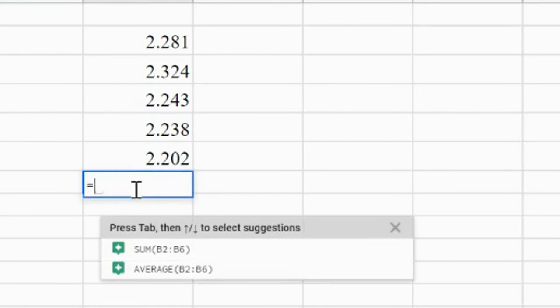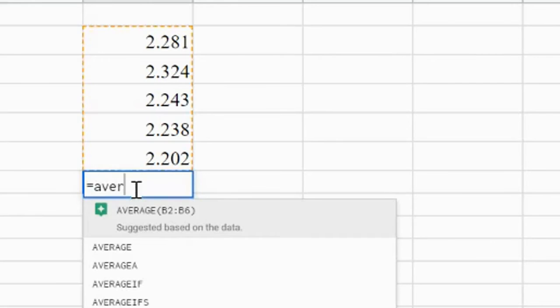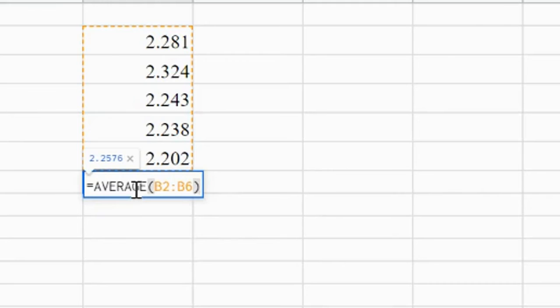So, equals AVERAGE, and it automatically selects the closest column. In this case, B2 to B6, that's where our data is, and hit enter. It rewrites the formula in the proper language, and if I hit enter a second time, it gives us an answer, 2.2576. And that's going to be seconds.